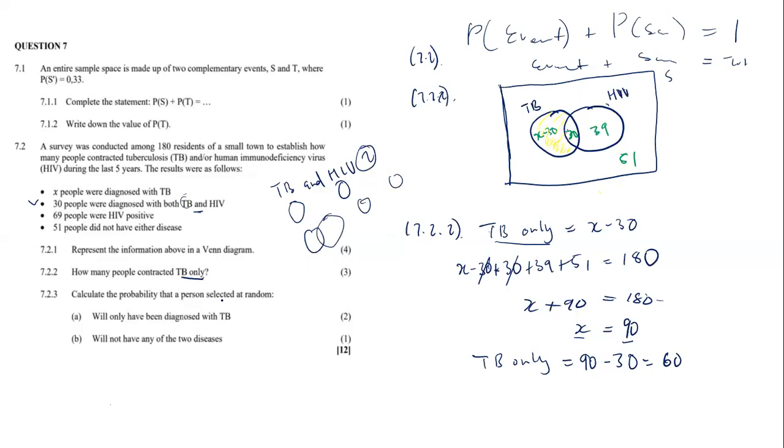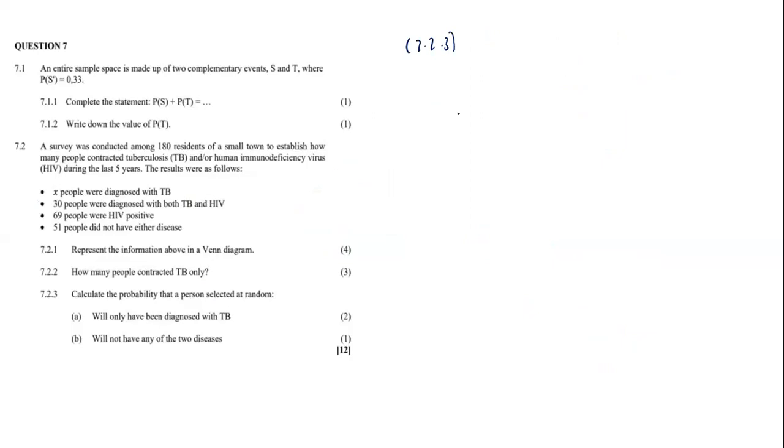We're going to select these people randomly. They are all sitting there in a room, and they are 180. So what is the probability of me picking one person who has TB only? Probability is based on the total number of our residents, which is 180. So for 7.1A, I want to determine the probability of TB only.